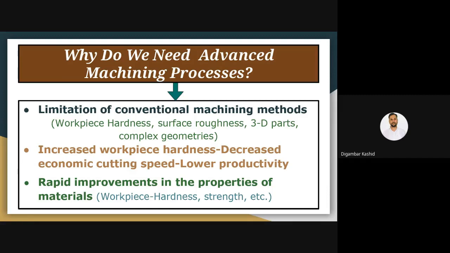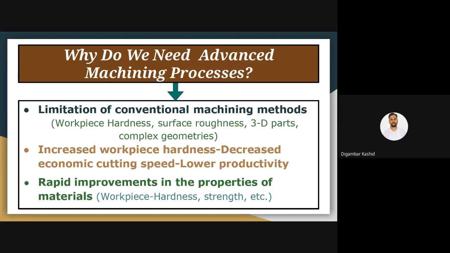That means they want a low surface roughness value. Surface roughness value is indicated by Ra, and it is always in nanometers. That should be very low. That time also the problem arises how to do the operation using the traditional machining process.